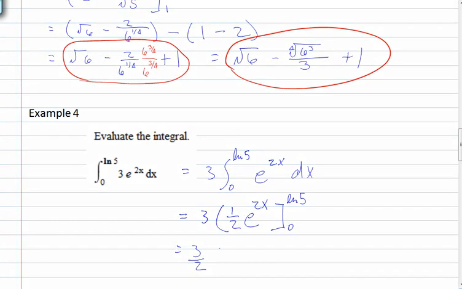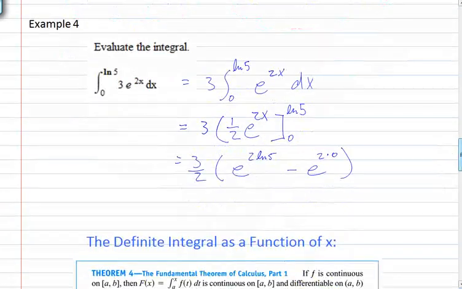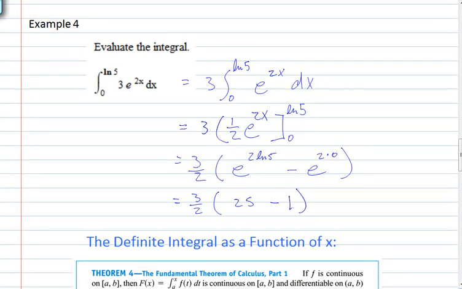So that's going to give us 3/2 on the outside. And then we get e to the 2 times the natural log of 5 minus e to the 2 times 0. So this becomes 3/2 times 25 minus 1.